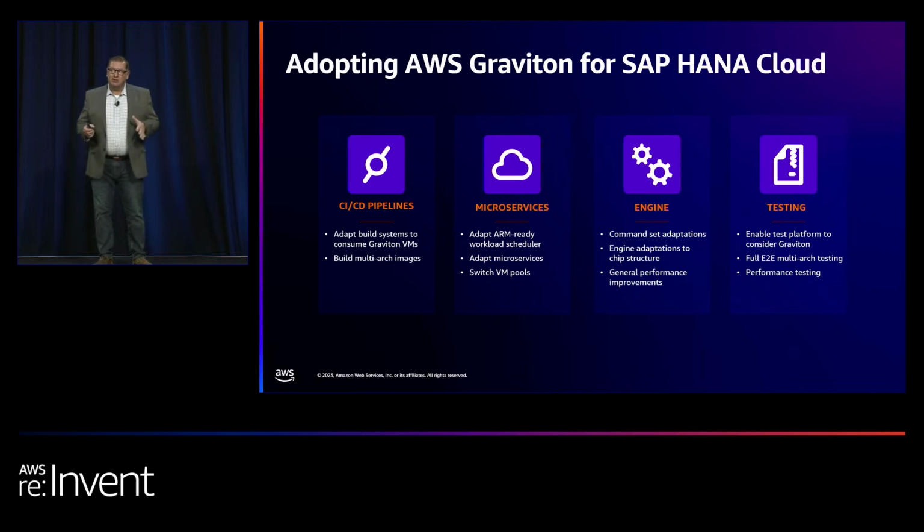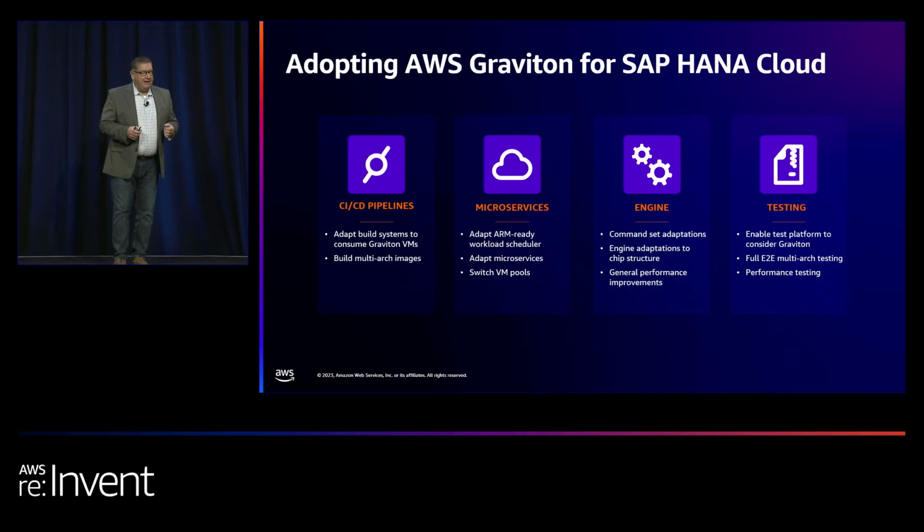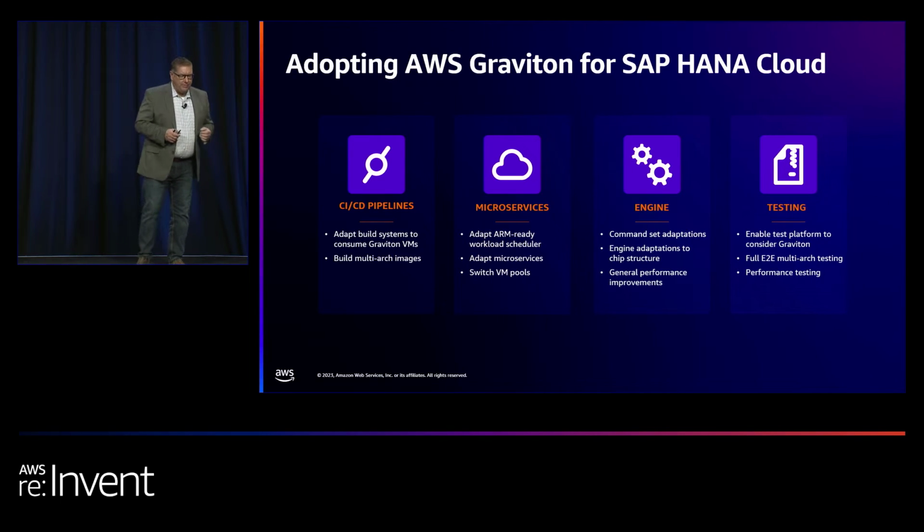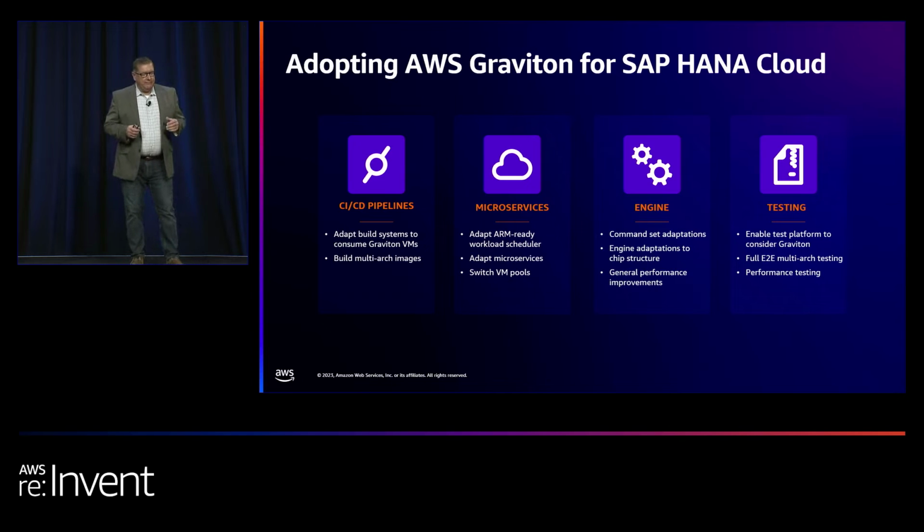Also, then there's the microservices, and we'll spend more time in additional detail on this in particular, because I had mentioned before the sheer volume that we had. But this was about adapting ARM-ready workload schedulers, things along those lines, adapting the microservices to the AWS Graviton platform, and also switching virtual machine pools.